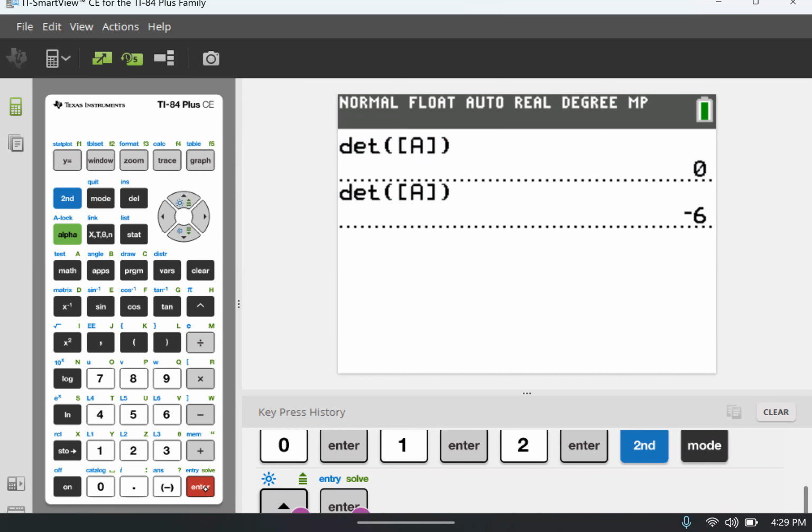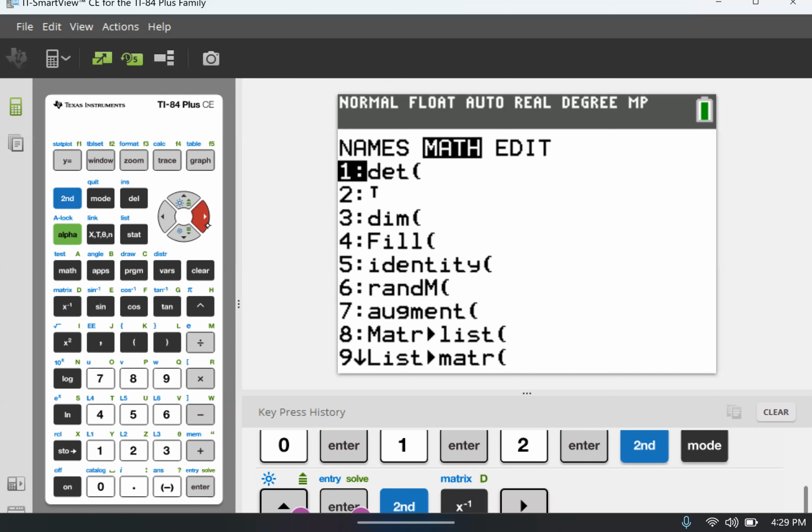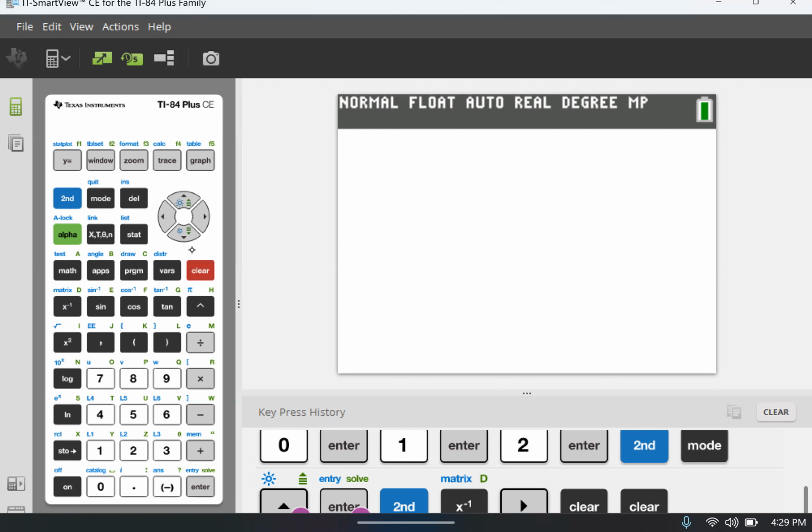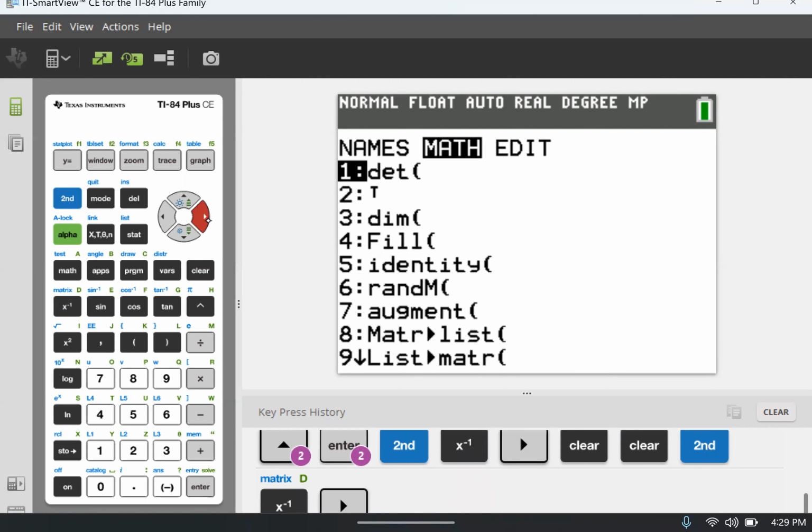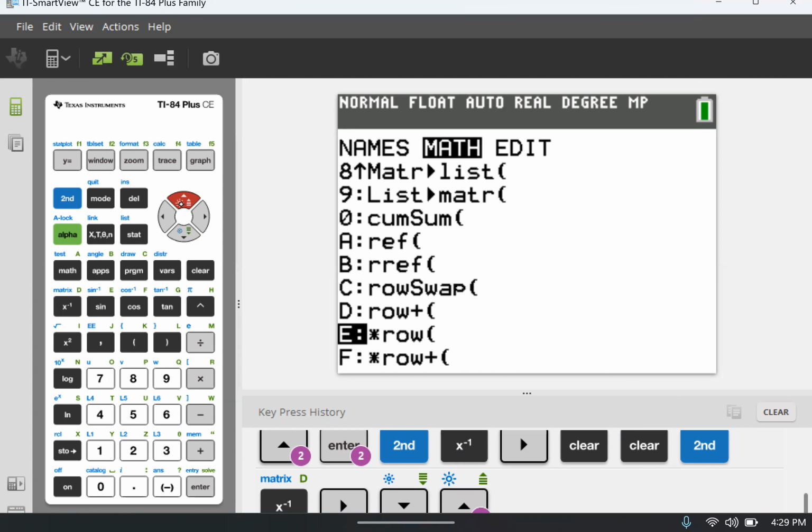Now, the other thing I can do is RREF this thing. Because the determinant is not zero, I know this is going to be linearly independent, which means when I RREF it, I should get the identity matrix. Let's see if we do get that. I'm going to go to matrix and then math, and go up until I hit RREF.